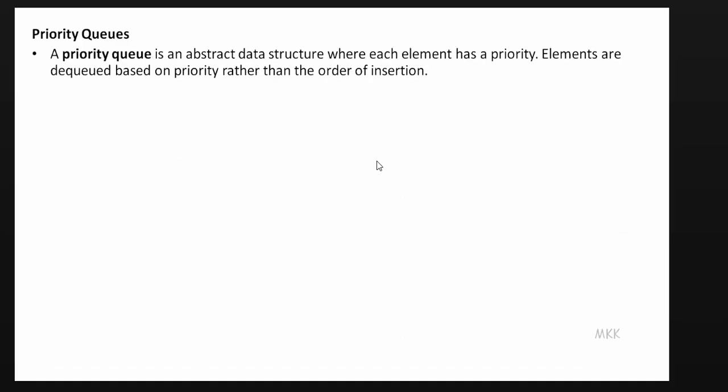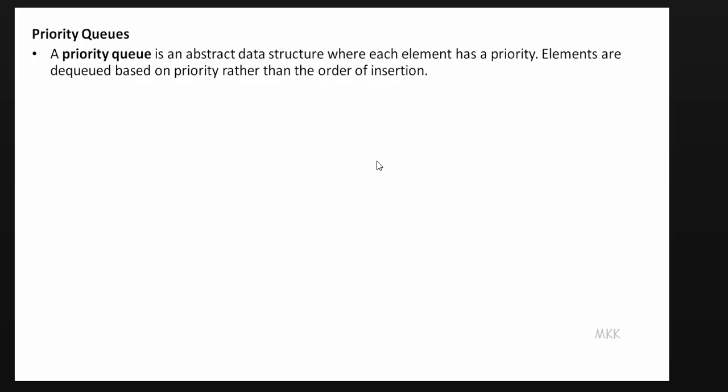Coming to the priority queue, it is an abstract data structure where each element has a priority. Only depending upon its priority will an element be dequeued, and of course sometimes enqueued also, based on priority rather than the order of insertion. For example, you already have some idea about operating systems. In operating systems, there are different types of scheduling methods, like shortest job first, first come first serve, and so on. These structures depend completely on some order.